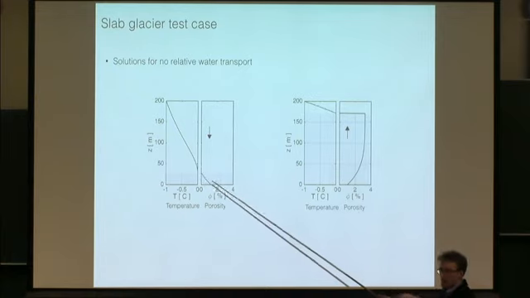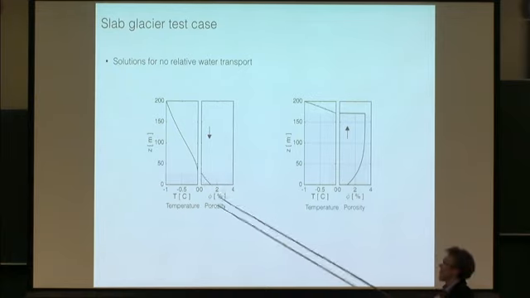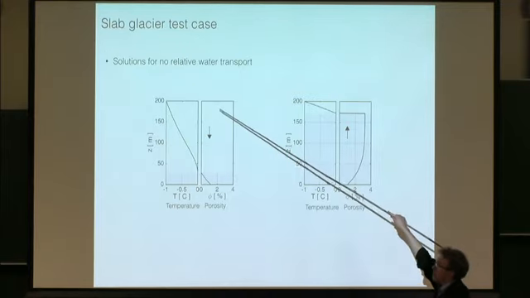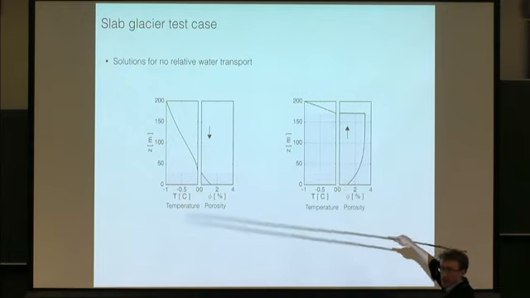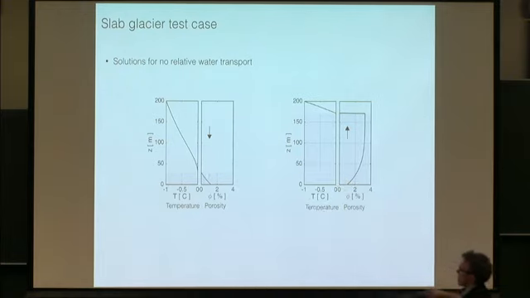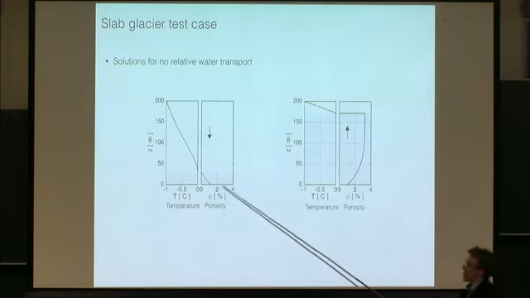There's no movement of the water here other than advection, and because the thing is moving downwards, this arrow is showing that the solid is moving downwards, the porosity is being carried out the bottom. If it were not carried down, then there would be no steady state here. I would just be constantly generating porosity in the bottom layer.